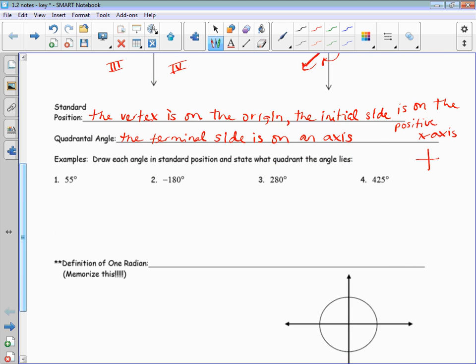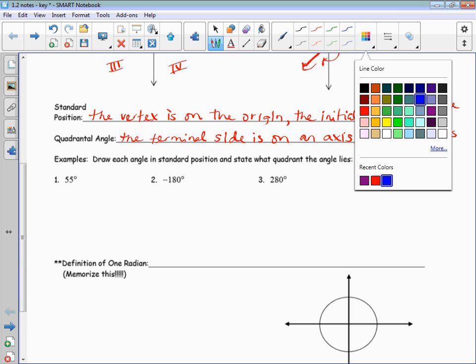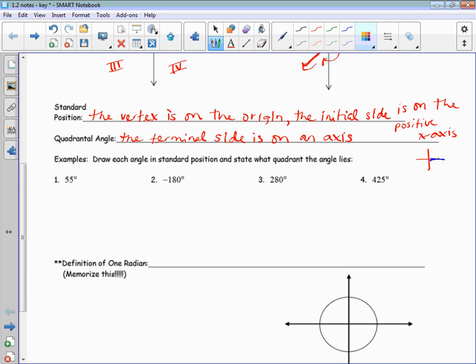So let's say, here's my initial side. Okay, and let's say there's my terminal side, so like a 90-degree angle. That's quadrantal. Because you see how you can't tell me like, oh, that's in the first quadrant or second quadrant? Don't know what quadrant it's in. It's quadrantal. Okay.